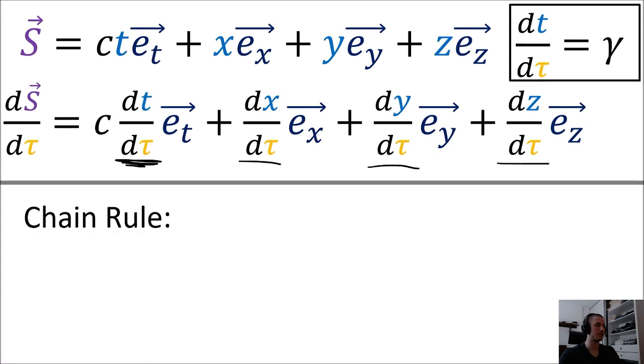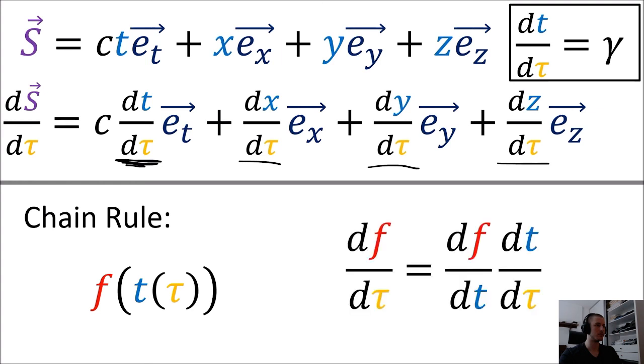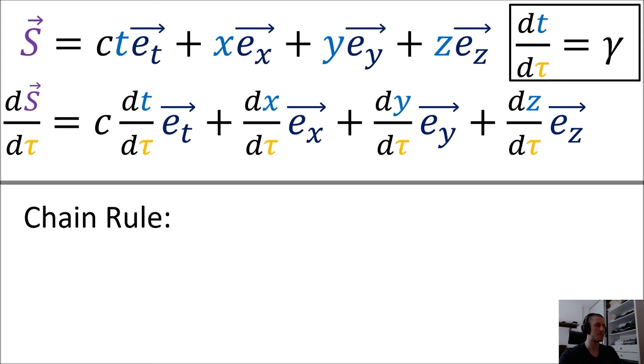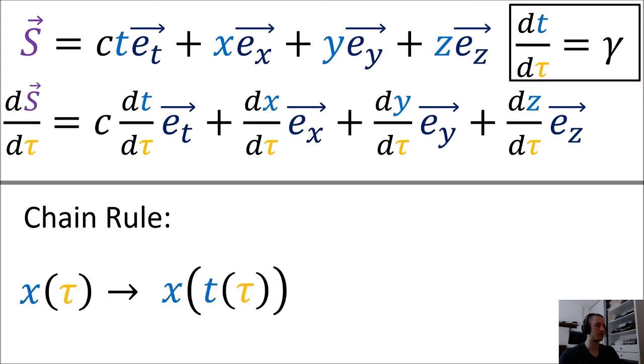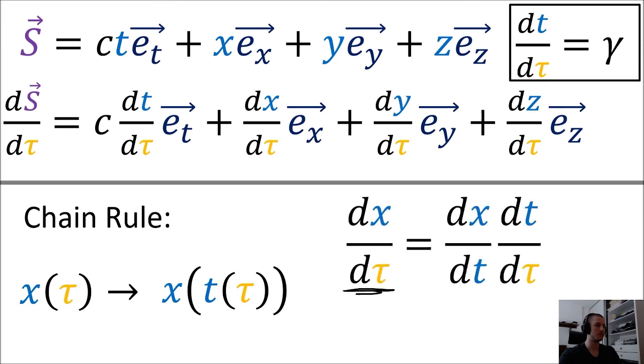Well, if we recall the chain rule from calculus, if we have nested functions where t is a function of tau and f is a function of t, we can calculate the derivative of df by d tau by multiplying df by dt and dt by d tau. As an example, we can consider x of tau instead to be a nested function x of t of tau. We can then turn dx by d tau into dx by dt times dt by d tau.